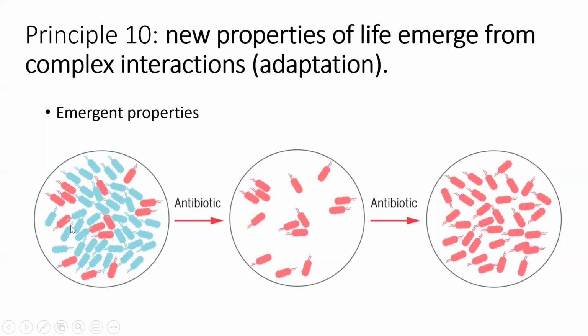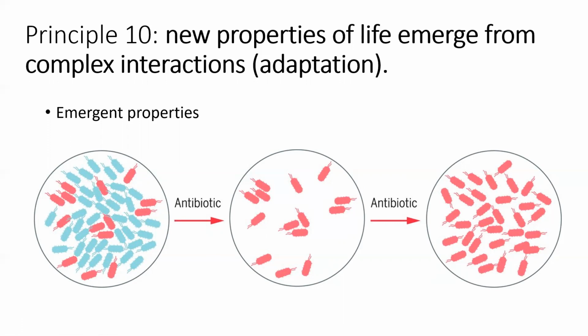So for example, the ability of Staphylococcus aureus, Staph aureus, to evolve so that the antibiotic known as methicillin is not effective on it. The penicillins basically work by attacking the cell wall of the bacteria.